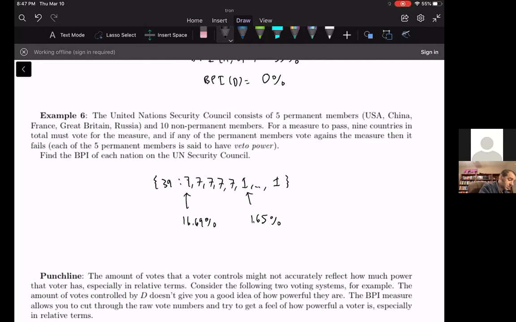So if we compare those, so compare 16.69 to 1.65, you're going to get about 10. So 16.69 is about 10 times larger. Let me just do that. So it equals 10.12 or so.